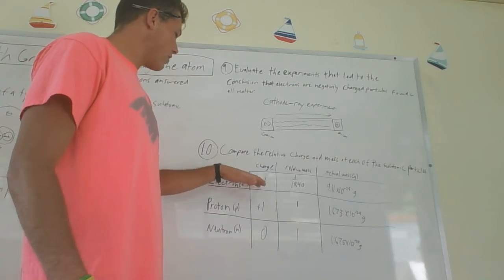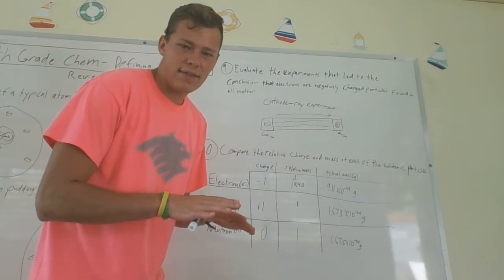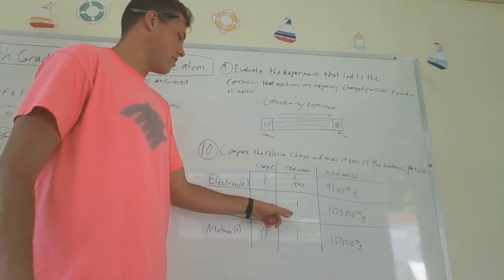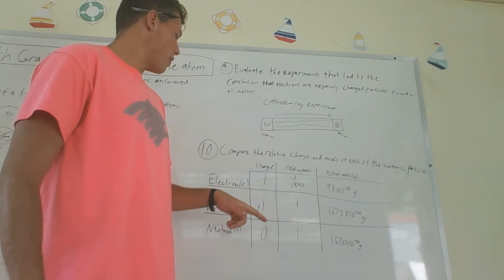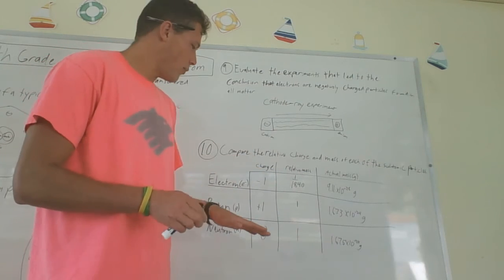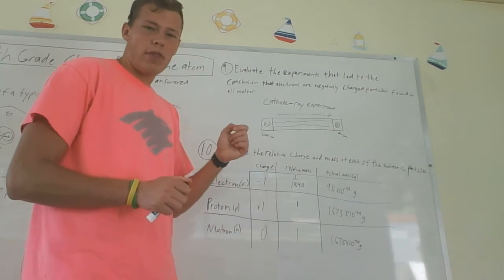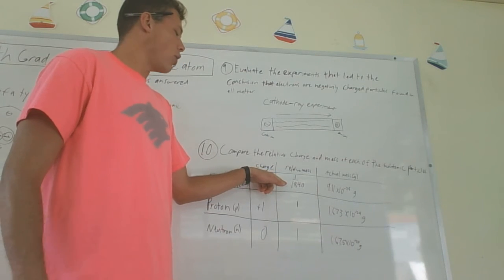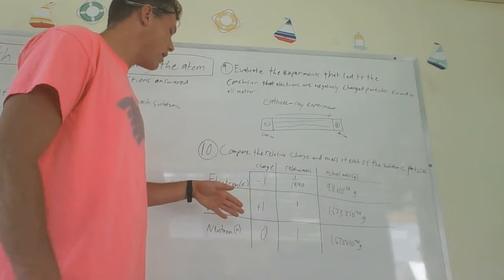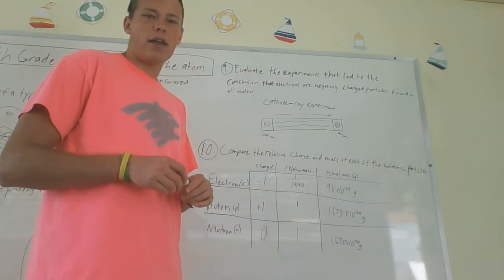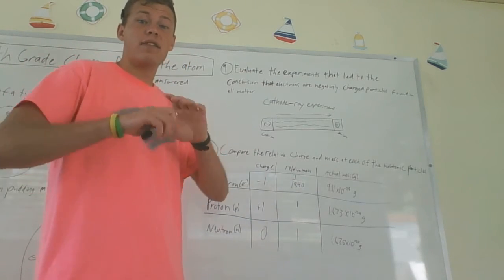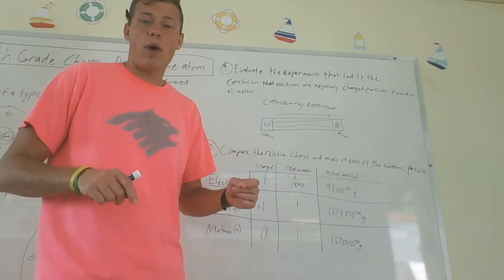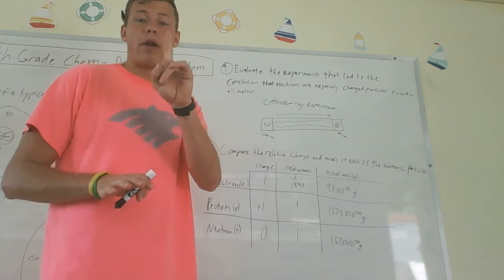So as far as mass goes, relative mass means, these are both 1 for relative mass. These are the basis of the relative mass. And the relative mass of the electron, hang with me, is 1 over 1,840. You guys see that? 1 over 1,840. Which means if you were to break a proton into 1,840 different parts, an electron is only the same size, same weight, same mass as one of those parts.